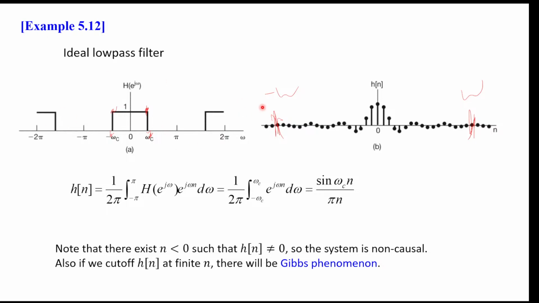This Gibbs phenomena is the same as what we talked about in chapter 3, where you try to sum this back to the block wave signal, and you see that you will have ripples at the edge of those discontinuity.